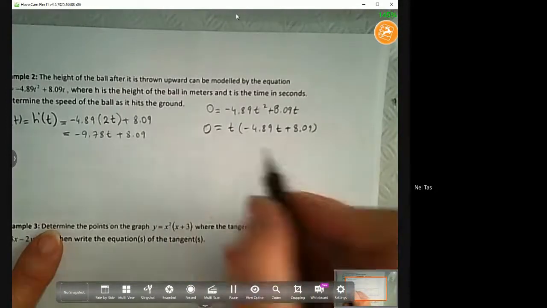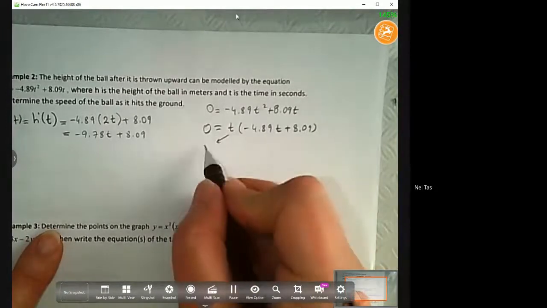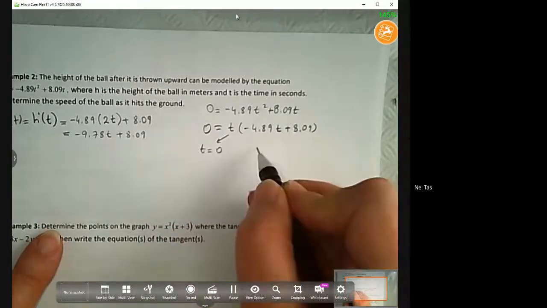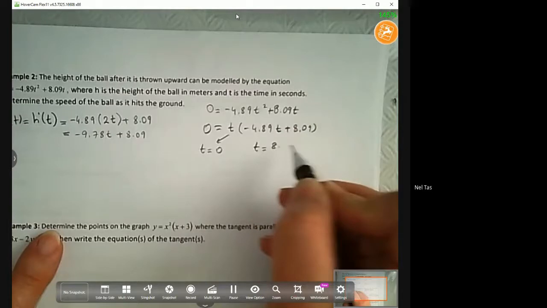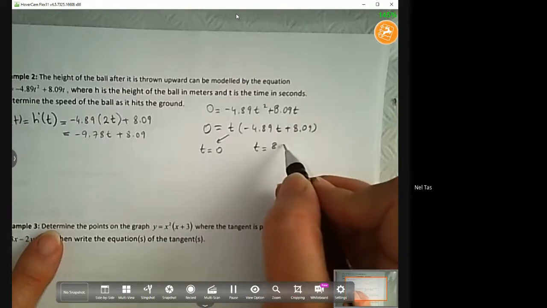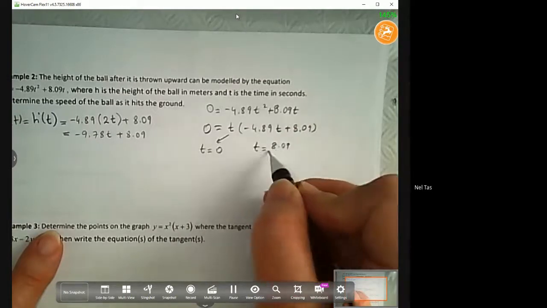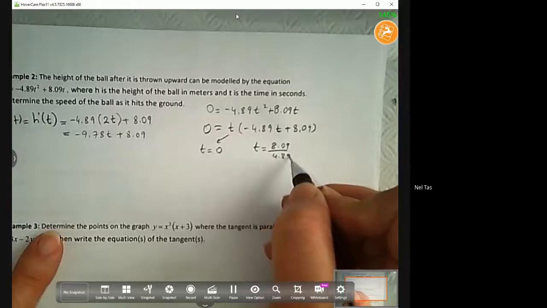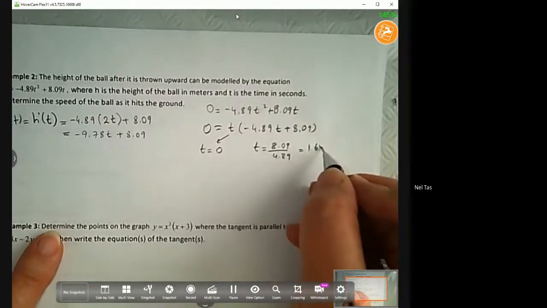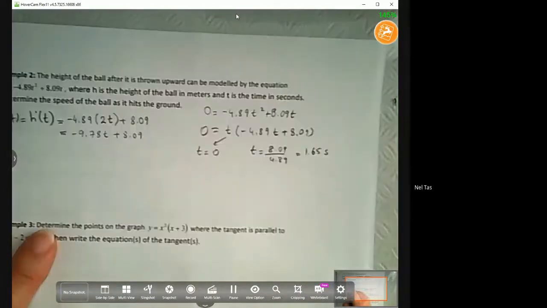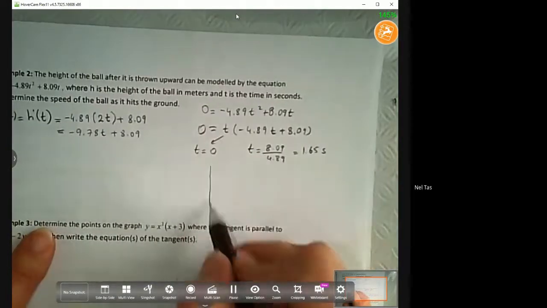So we get two t's. One is 0. The other one, if you solve for this, you get 8.09 over 4.89, which is 1.65 seconds.